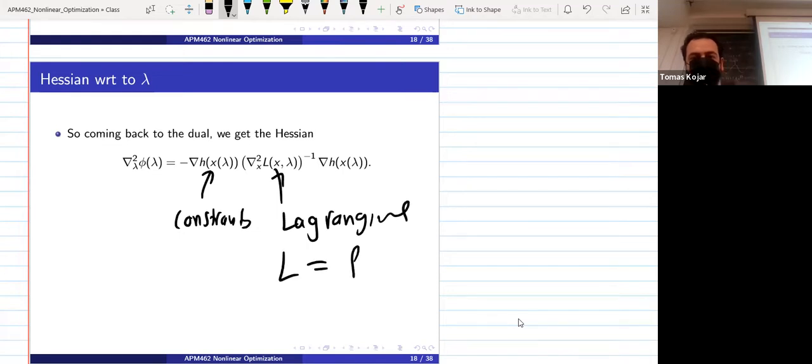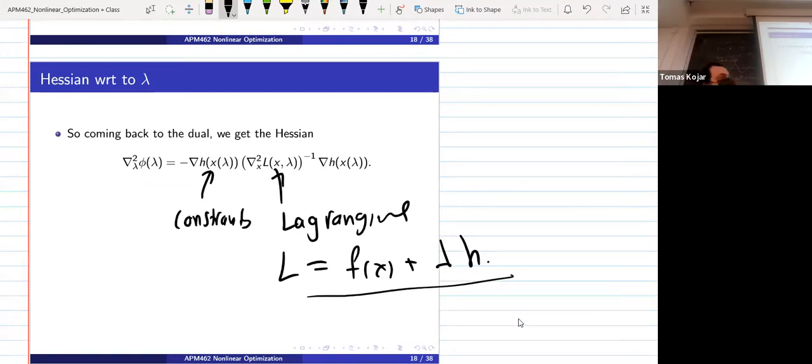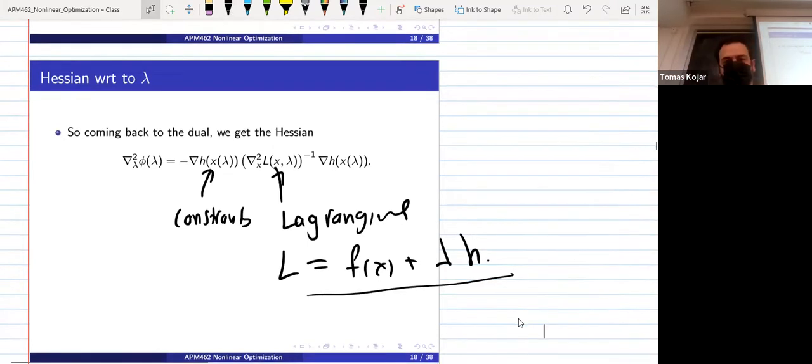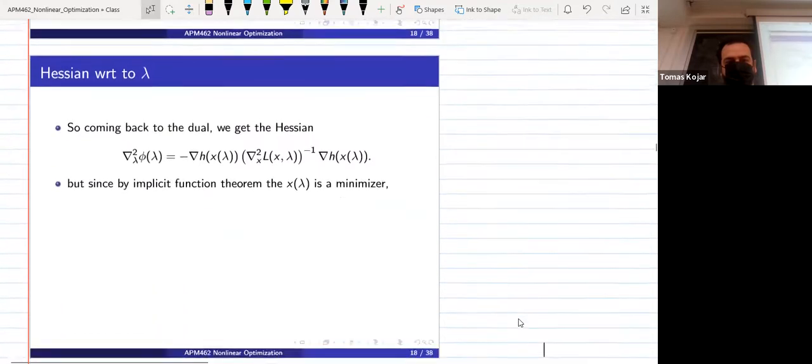So L, remember, was f of x plus lambda of h. Good, but you take its inverse, that's bad. That's really, really bad. So that's why people don't really use this method, because you have to invert, and it's disgusting. It costs a lot of energy.